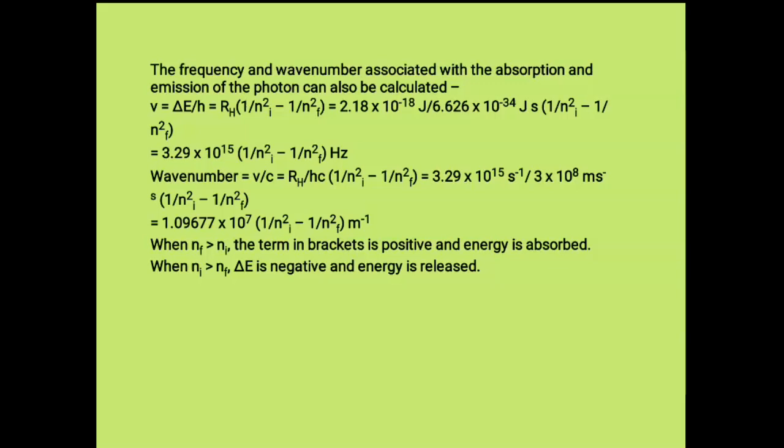Now the frequency and wave number associated with the absorption and emission of the photon can be calculated as nu equals delta E upon h, or R_H (1 upon Ni square minus 1 upon Nf square).